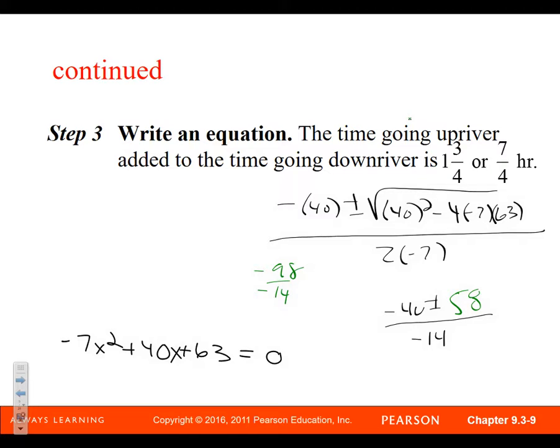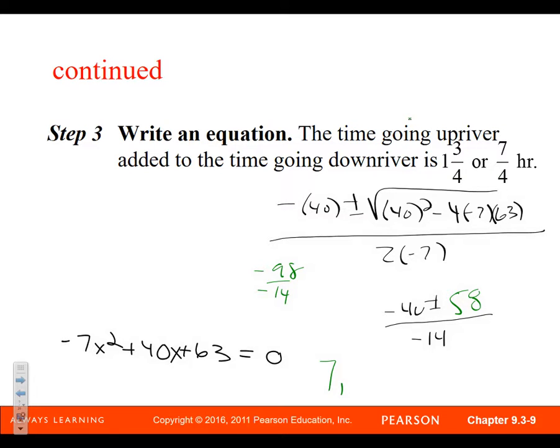I forgot how to divide. Since I'm using my calculator, I don't mind. So I got 7 for one. Now the other one would be negative 40 plus 58.